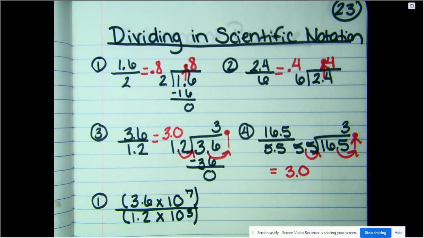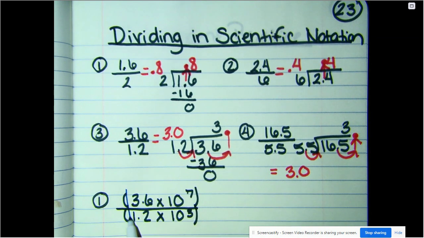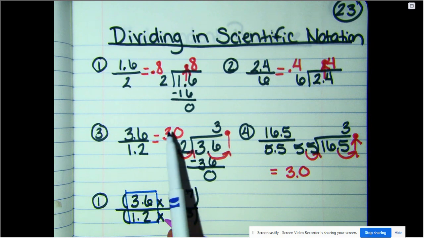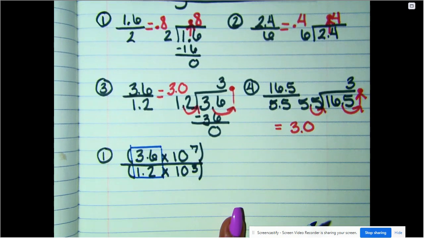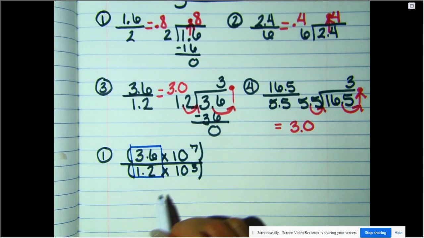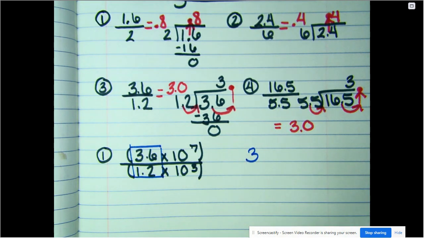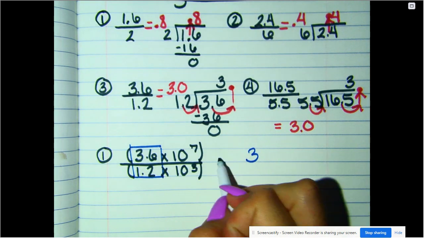First, just like when we were multiplying numbers with exponents, we are going to divide our regular numbers first. So we are only dividing 3.6 divided by 1.2. When we divided that number up here, we got my answer as 3. So that piece is equal to 3.